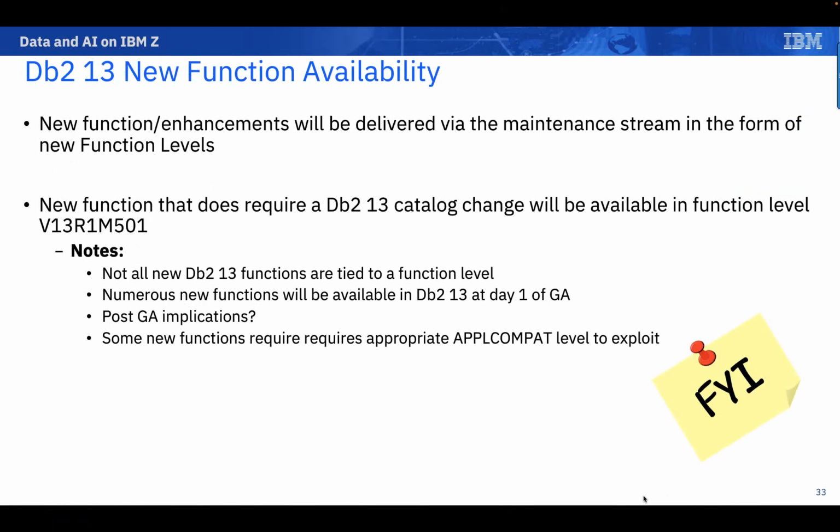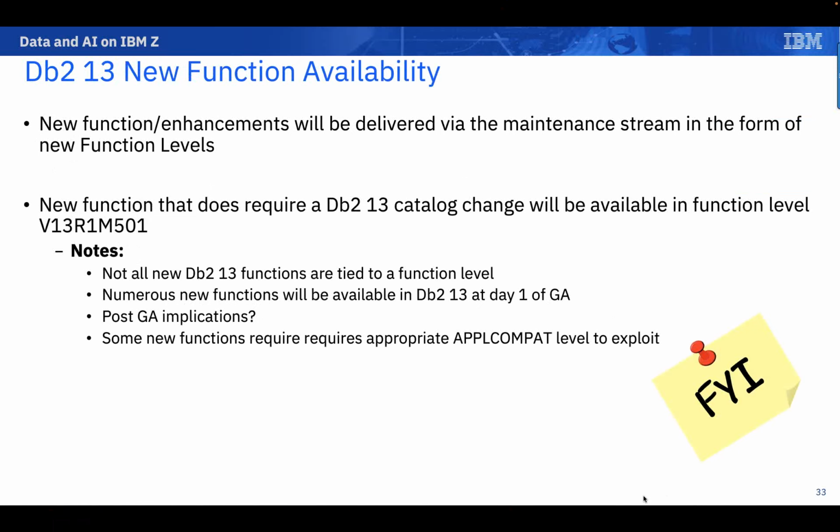Some function is available day 1 in version 13 in function level V13 R1 M100. Then when you go to 500, some other new function is available. And then when you get to function level 501, that's when you get the full complement of the new general availability function in version 13.